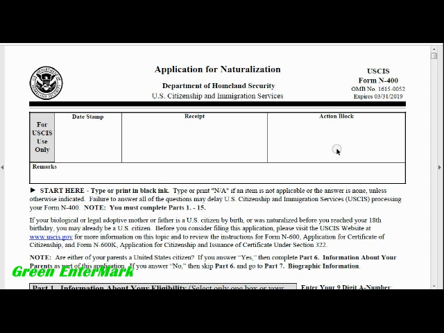There is another video on my channel in which I show the attachments for this naturalization form. Check it out and properly attach the photocopies of the documents that support all your answers on this form, the application for naturalization.